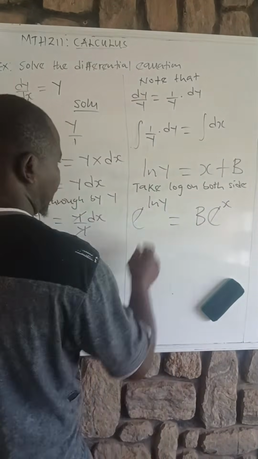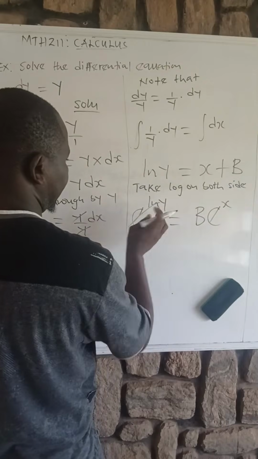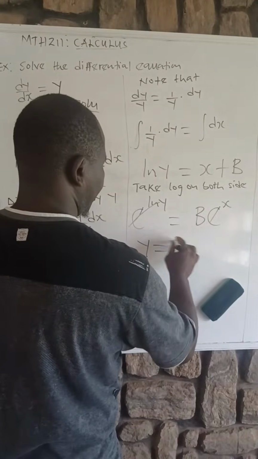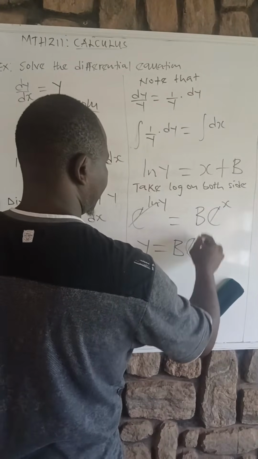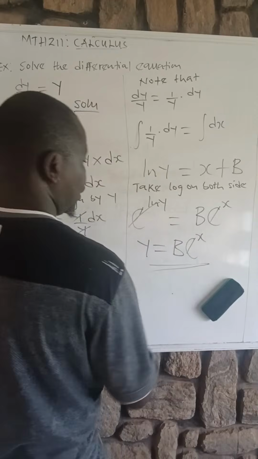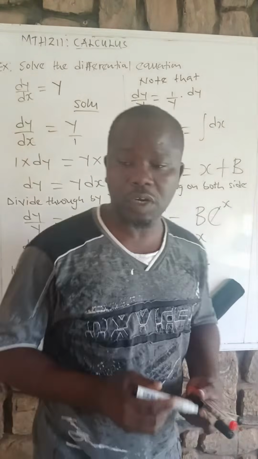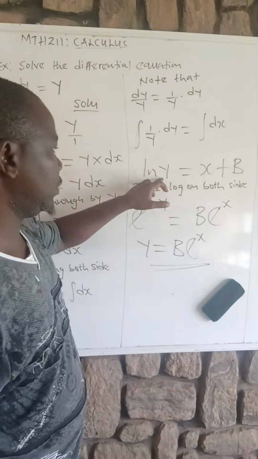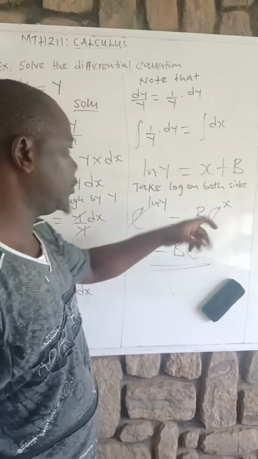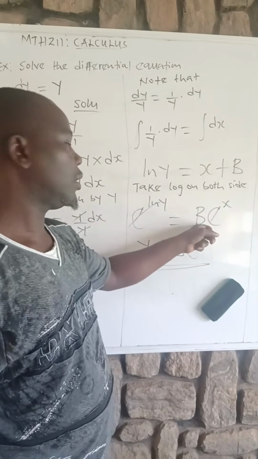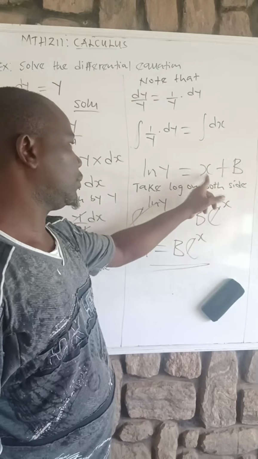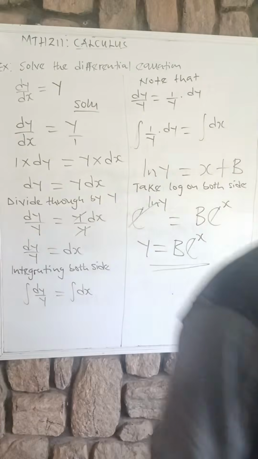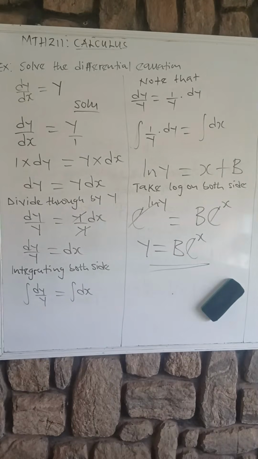So this and this will cancel to give us the left hand side. B exponential what? X. So whenever you come across something of this form, just take log on both sides, then B exponential x. Is there any question so that we can proceed further?